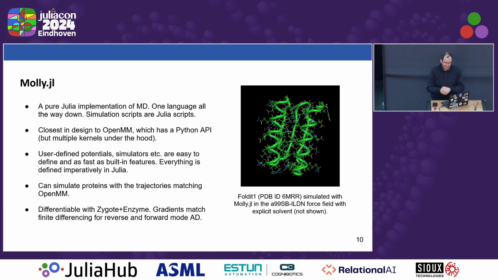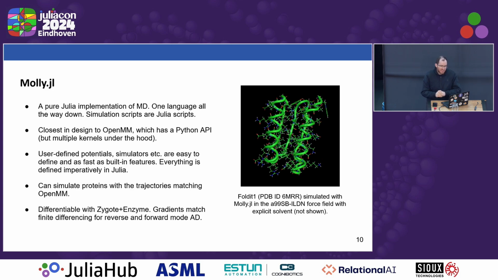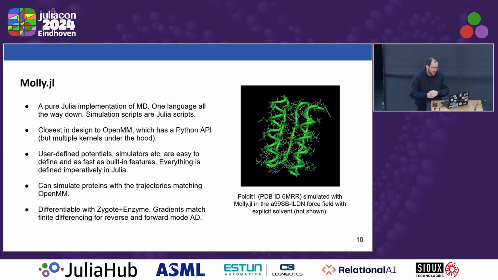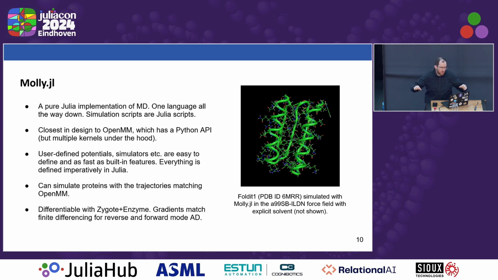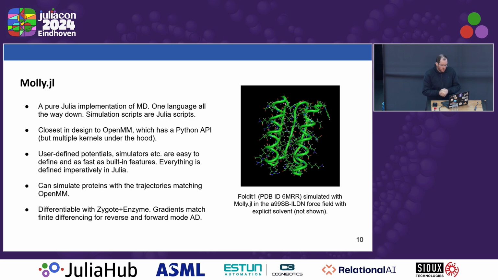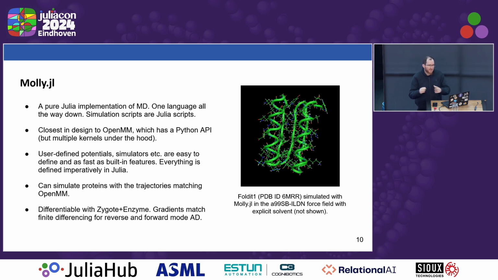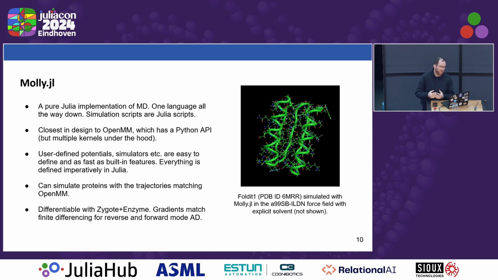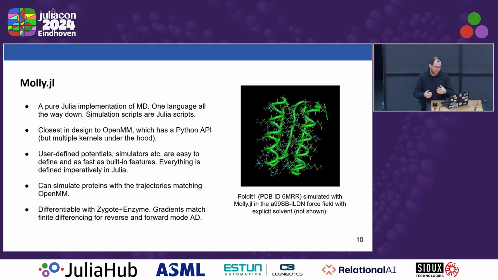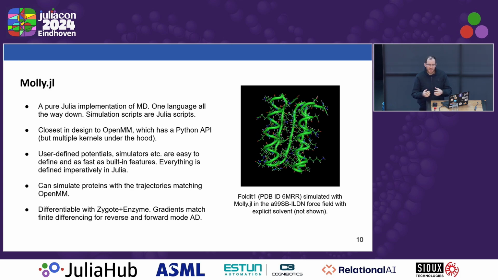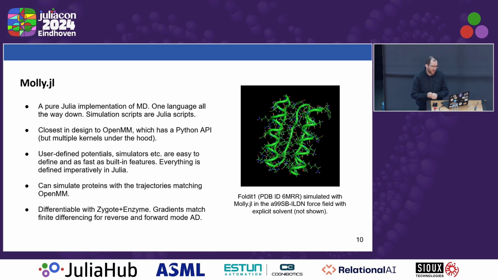In terms of design, it's closest to OpenMM, which has, as I said, a Python API, but has multiple compute kernels under the hood. The key defining concept of the package is that if you define a potential as a user, or a simulator or a logger, it should be easy and it should be just as fast as the built-in features.